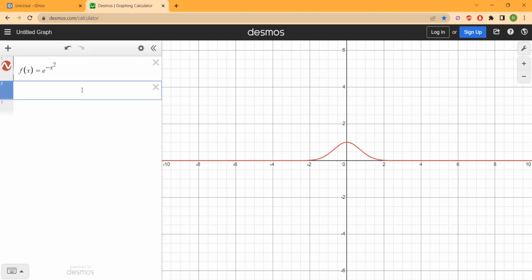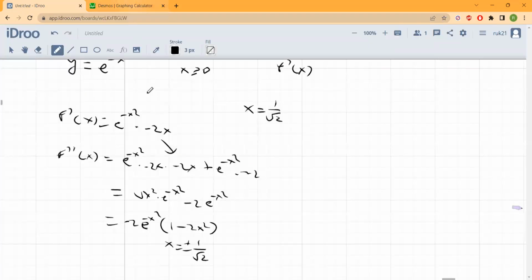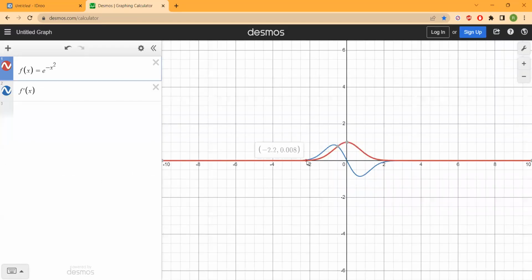Now what we're going to see in our first derivative is how our function itself rises and falls, basically.